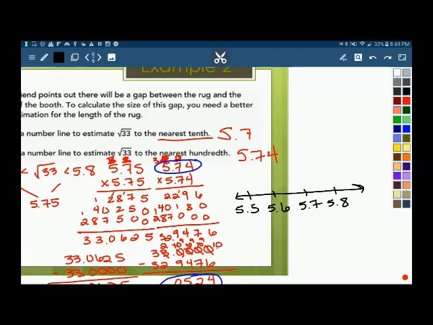So I would, on a number line, show that it's a little bit less than halfway between 5.7 and 5.8, and then I would label that as its original number, which is the square root of 33. So you guys can actually see visually that the square root of 33 is between 5.7 and 5.8, just a little bit less than halfway.